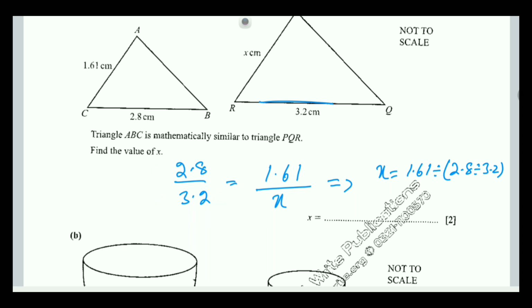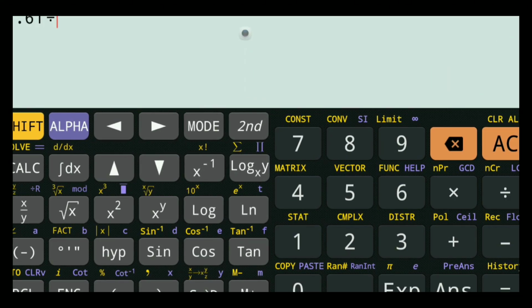So let me tell you how to calculate it. 1.61 divided by bracket 2.8 divided by 3.2. So 1.84.